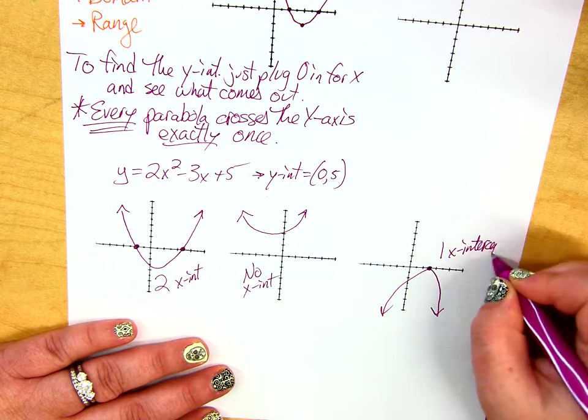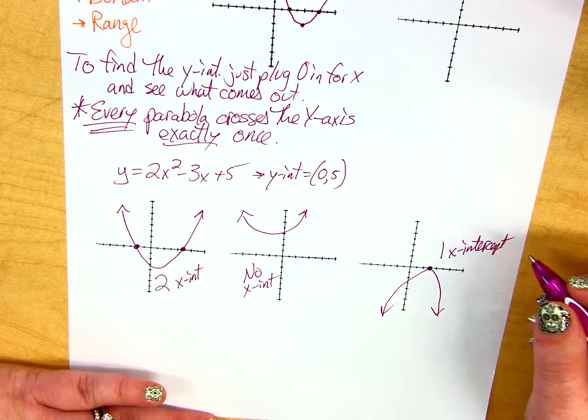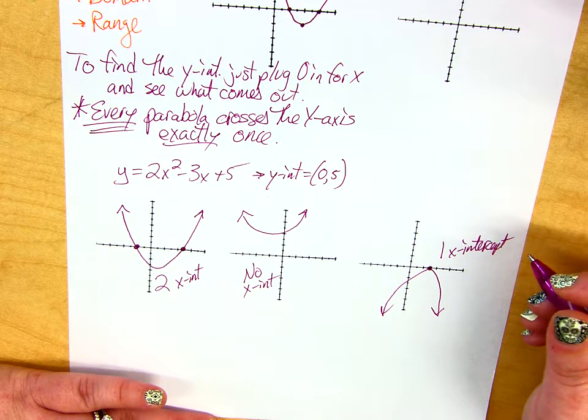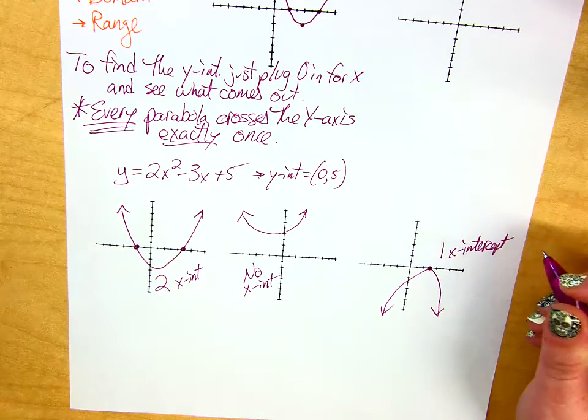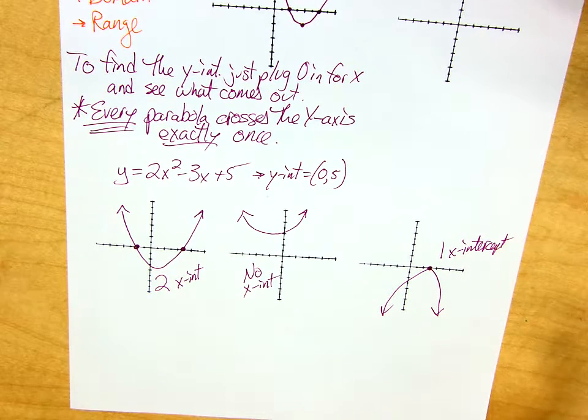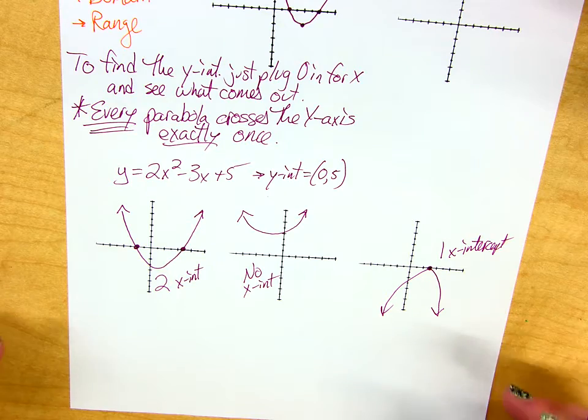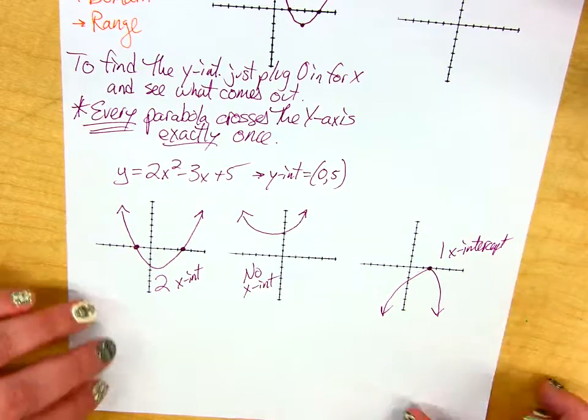You already know how to find these, right? How do you find the x-intercepts of a parabola? Yes, literally that was the whole last chapter, solving the quadratic. When you solve a quadratic, aren't you finding where it crosses the x-axis? Yes, so that's all you would have to do.